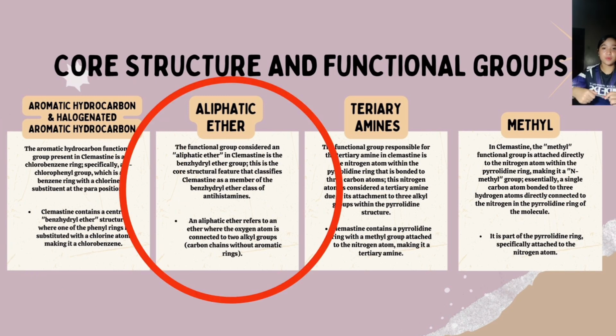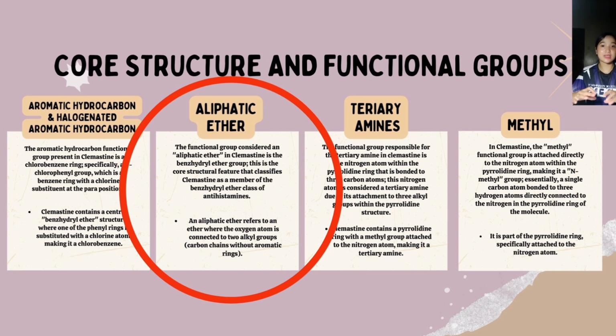Second functional group present in the clemastine drug is the aliphatic ether. This refers to the ether where the oxygen atom is connected to two alkyl groups. That O and then two attachments. That's what we call alkyl groups, or the carbon chain without aromatic ring.